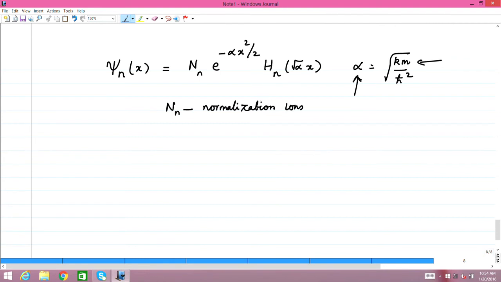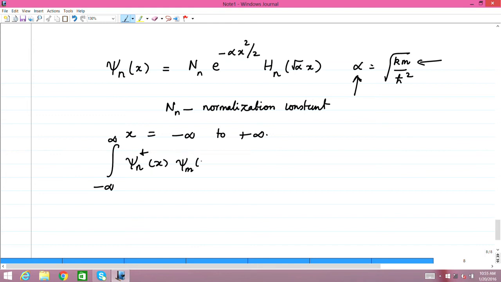In the case of the harmonic oscillator, x is taken all the way from minus infinity to plus infinity. Therefore, the orthogonality is from minus infinity to plus infinity, the integral of psi n star of x, psi m of x dx is delta n m, which tells you that the wave functions also satisfy the same orthogonality and normalization relations for the harmonic oscillator.